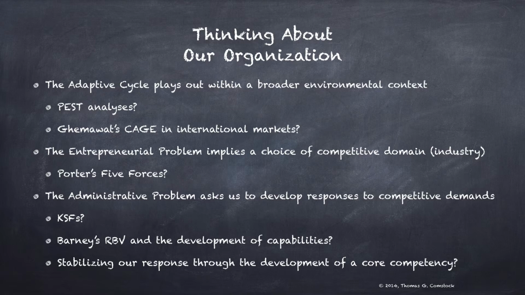And this begins to hint at Barney's resource-based view of the firm, the configuration of those resources that may confer a competitive advantage, or the development of key process excellence that allows us to better respond to the environment than our competitors, or better stabilize our firm in its given environmental place.